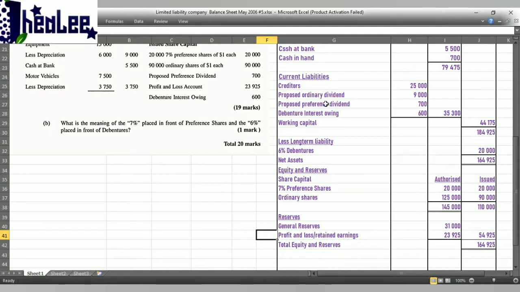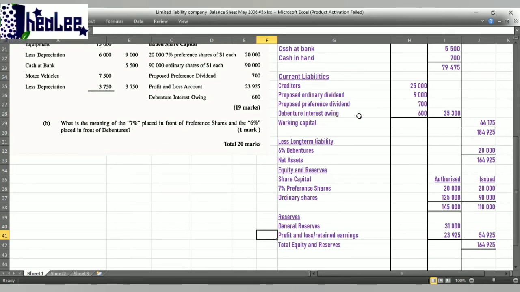This item would have been a part of your appropriation account if you were asked to do the appropriation account. And remember, you could have interim dividend. That dividend would be dividend that is already paid. So therefore, that would not fall under your current liabilities, only your final dividend, otherwise called your proposed dividend.